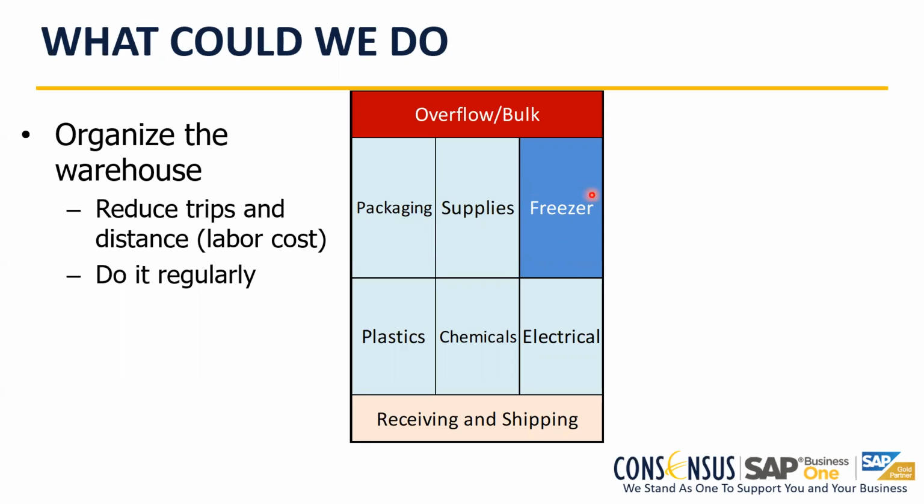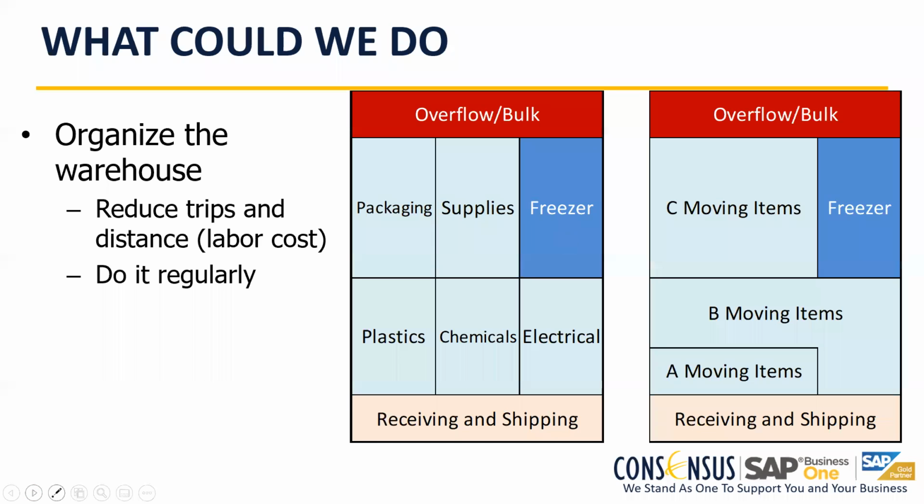So you might have an area that is frozen, that you can't really do much with. And then at the back you have what is called the overflow or bulk. This is where you store the excess inventory. So the first recommendation that we would like to make regarding the way that you organize a warehouse is to run the hit rate ABC analysis.